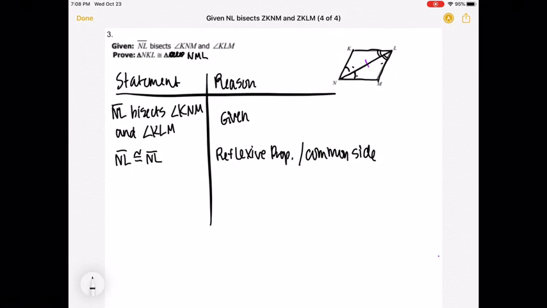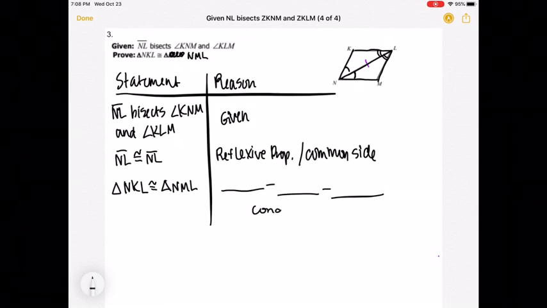Now, we're going to look up and see, is what we have here enough to prove that those triangles are congruent? So I will tell you that it is, and all we're proving on this one is the triangle. We don't have to prove a segment or an angle. So I'm going to write that out, but I want you to take a pause and tell me what tells us that. So remember, it's going to be something, something, something congruence.